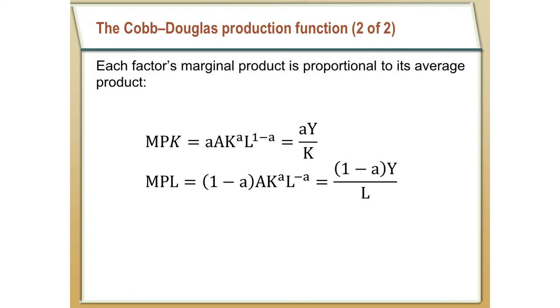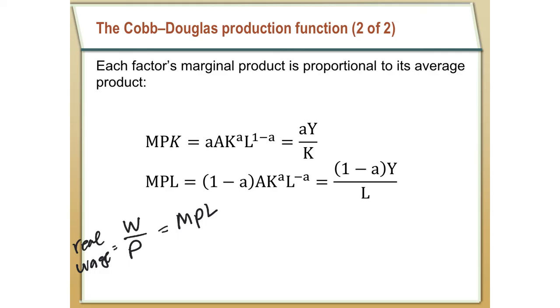Suppose that you had a problem where you wanted to figure out or solve for the real wage. So we know that the real wage equals W over P. We know that in equilibrium, the real wage is equal to the marginal product of labor. So now we have some information here that we can use.